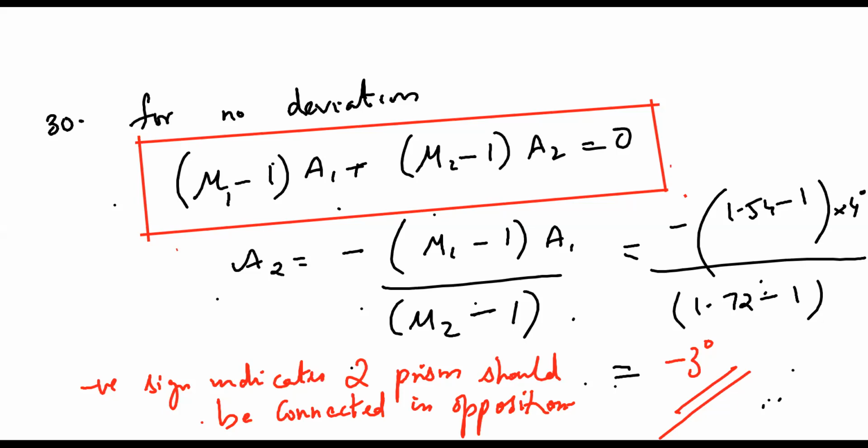So (mu1 minus 1) into a1 plus (mu2 minus 1) into a2 is equal to 0. I'm just finding a2 from this. That's it. Option C, or else wherever you get 3 degree, that's the thing. It is equal to 3.